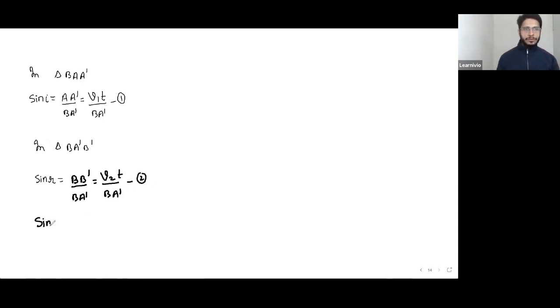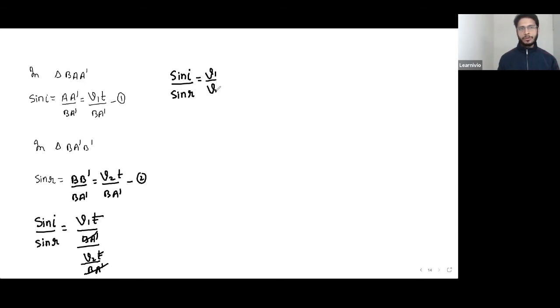Just take the ratio. Sin I over sin R is V1t over BA prime divided by V2t over BA prime. T gets cancelled out with this T. So we are left with sin I over sin R is V1 over V2. I call this equation number 3.